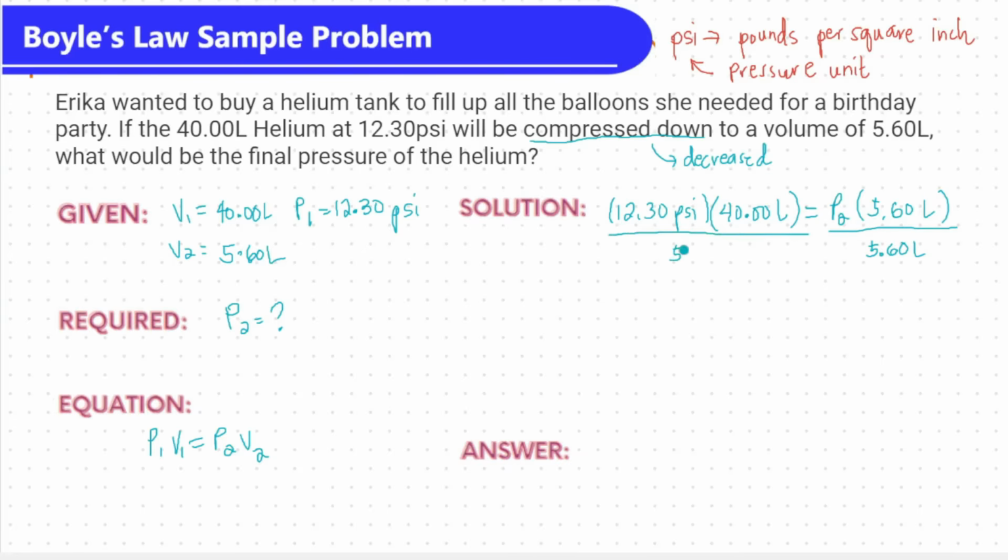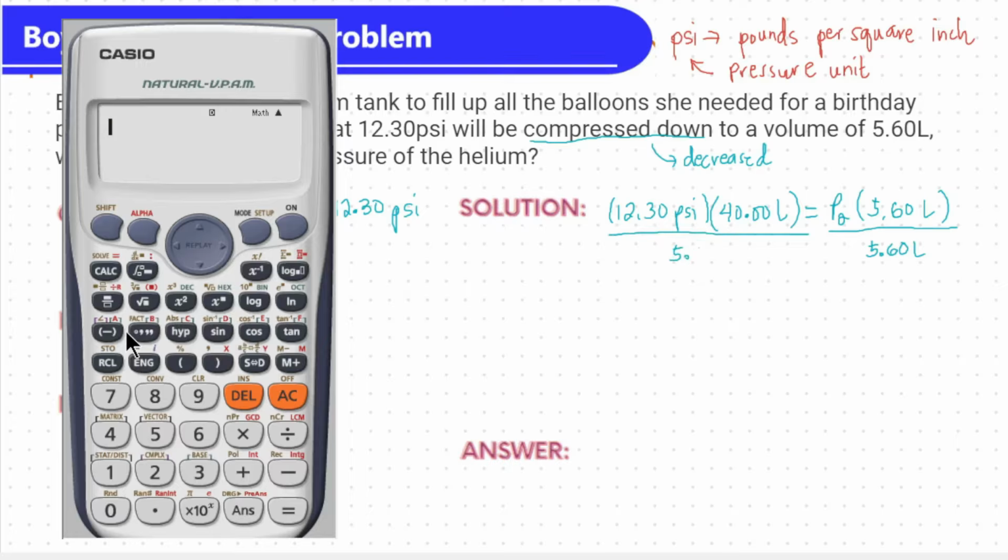And now let's operate the values on the left side. So we have 12.30 psi times 40 liters. Actually, kahit wala ng 00, pero lalagyan na natin. Divided by 5.60.